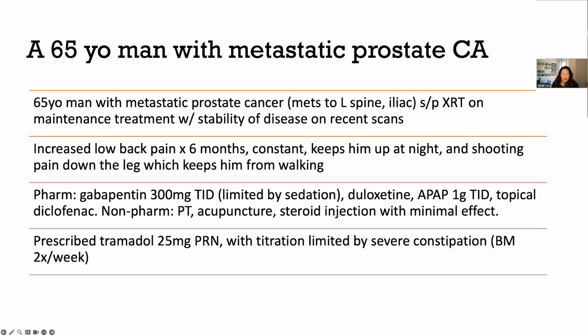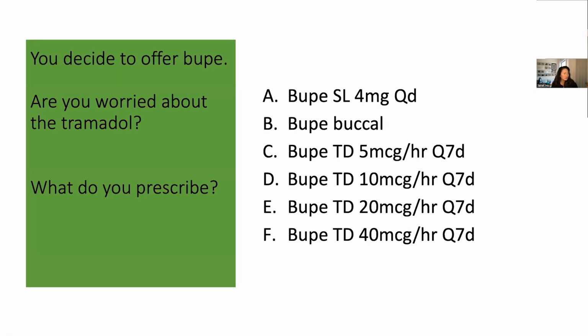His oncologist had started Tramadol 25 milligrams as needed, but the patient stopped taking it because one dose caused severe constipation. So he's seeing you and asking, what else is there? Should I keep taking the Tramadol? Should I continue with just my over-the-counters?